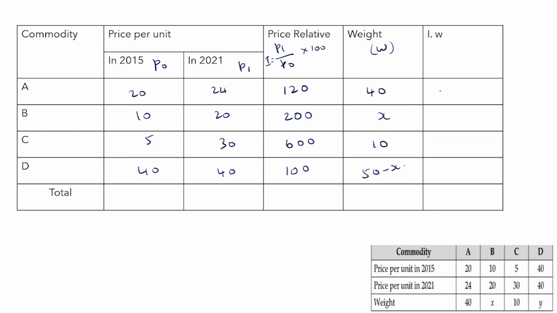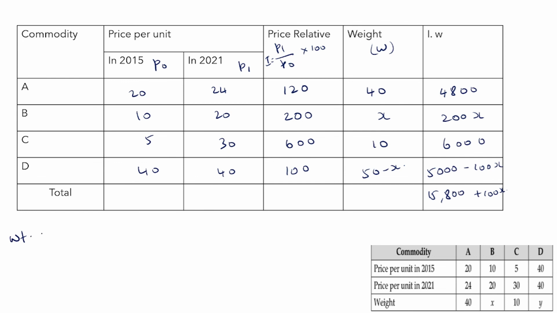So here let us find price relative into weight. So 120 into 40, 4800. This is 200x. This is 6000. And here 5000 minus 100x. So when we add all these, we get 15,800 plus 100x.